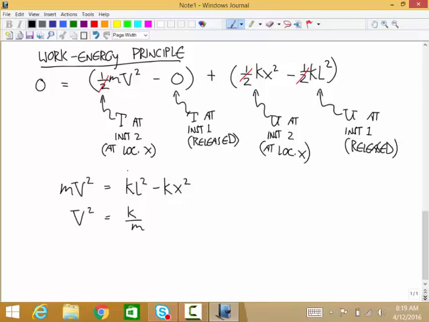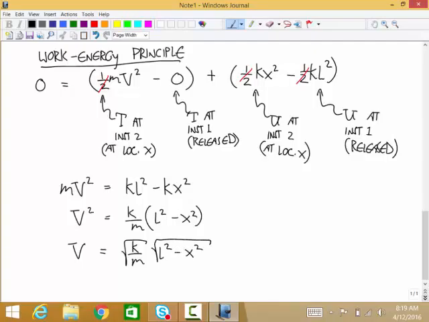You get k over m times l squared minus x squared. And so finally, the speed is equal to square root of k over m times the square root of l squared minus x squared.